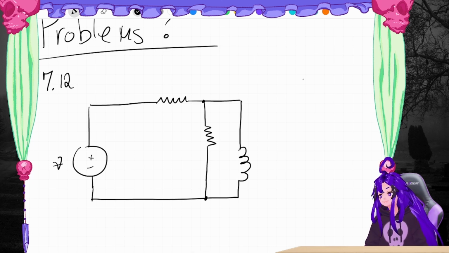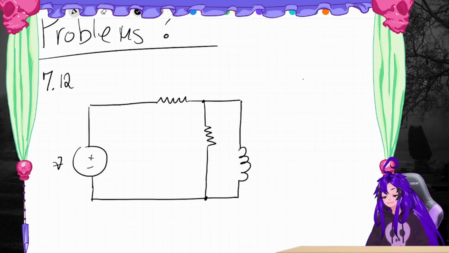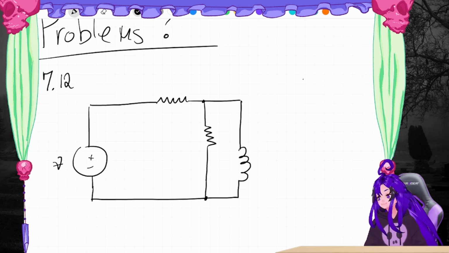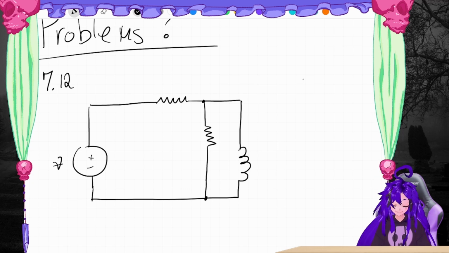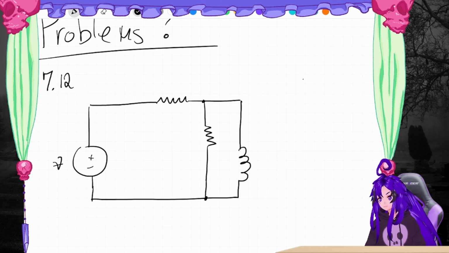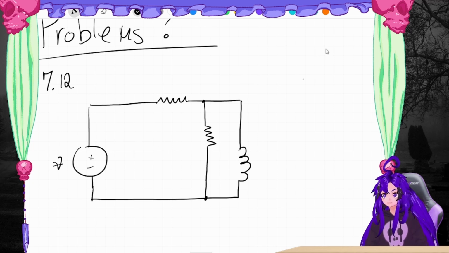Let's see here. Y'all had 7.3, 4, 7, 10, 11, 12, and 15. I think 11 and 12 are probably, well, 12 was the design-a-problem, but I think it's a good opportunity, so I'm planning on going over that one. Let us see what 10 looked like.